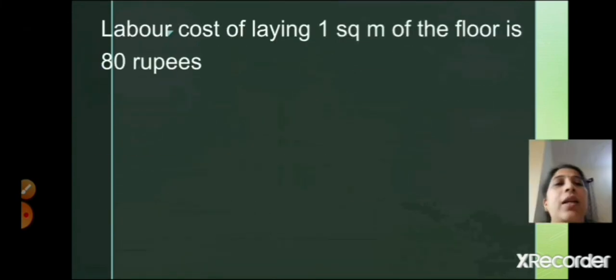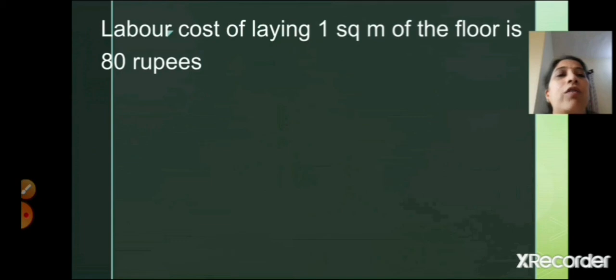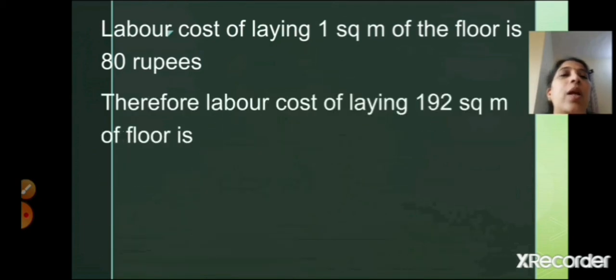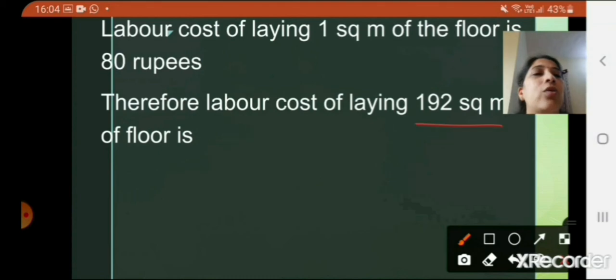Now what we will do? Labor cost of laying 1 square meter of the floor is 80 rupees. So therefore labor cost of laying 192 square meter of the floor is, now this 192 square meter, that is the area of the rectangle which we have found out, right? So this we are going to multiply by this 80 rupees, right? So 80 rupees is for 1 square meter.